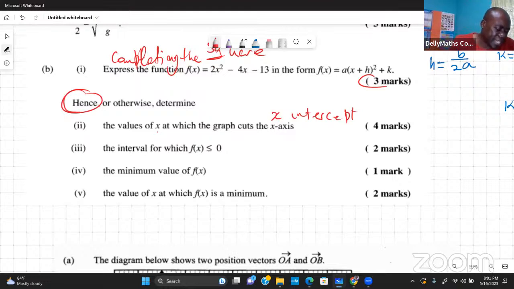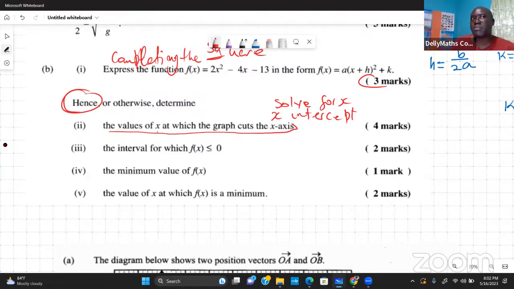They want the x-intercept. So when you cut the x-axis, that's the x-intercept. Another way of saying that is to solve for x. I'm just saying this thing that they said here, that's what it means. So the x-intercept is to solve.